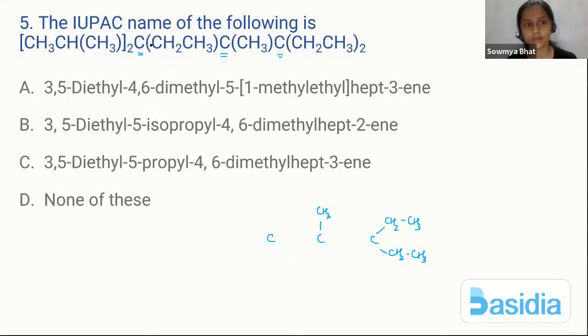I'm writing it here. And the next carbon, this is attached to CH2CH3. So I'm writing it here like CH2CH3, and it is also attached to two groups, that's CH, that's the middle carbon, and two CH3 are attached to it.